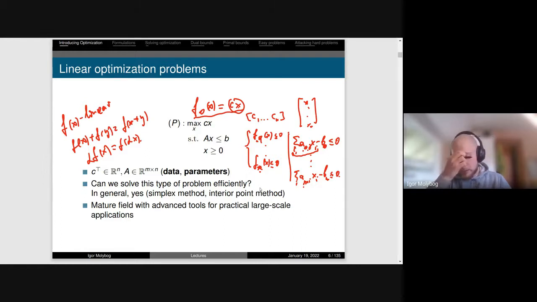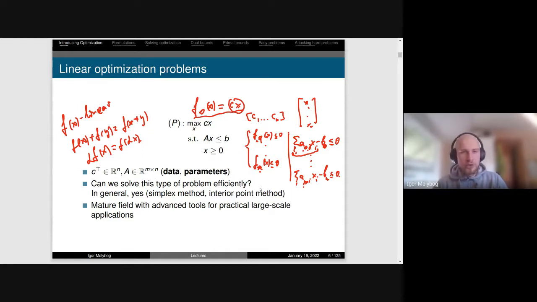So can we actually solve this type of problem sufficiently? The background, probably the previous courses or the additional material, would tell you that yes, we have quite efficient algorithms for this, such as the interior point method and the simplex method.